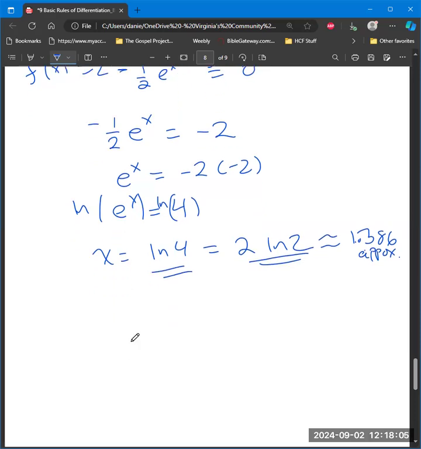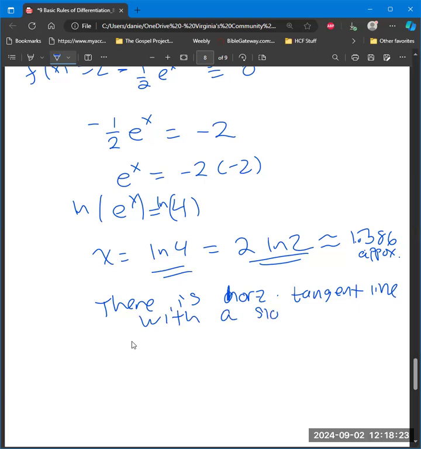So that means that there's a horizontal tangent line with a slope of 0 at x equals 2 ln of 2.